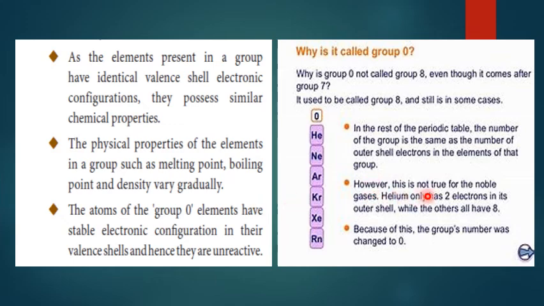However, this is not true for the noble gases. Helium only has 2 electrons in its outer shell while the others all have 8. Because of this, the group's number was changed to 0.